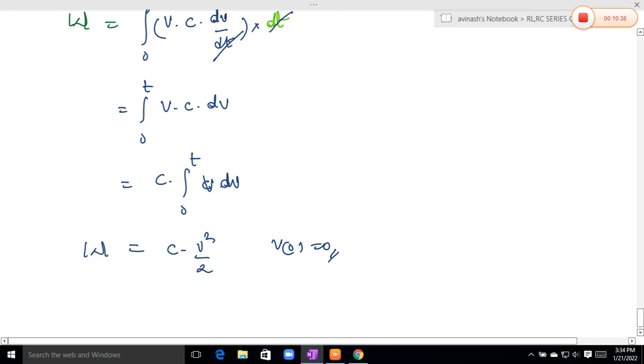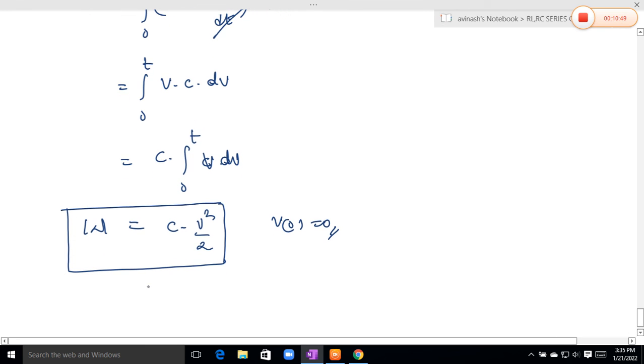That is, the energy stored in the capacitor is nothing but half times C V square. This is also written as half times C into V square, the energy stored in the capacitor.